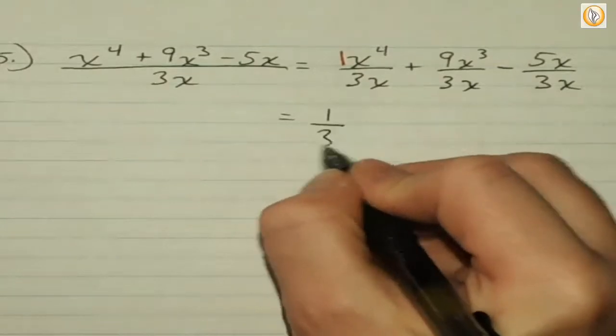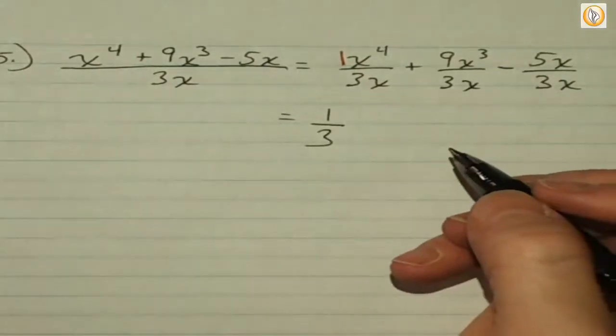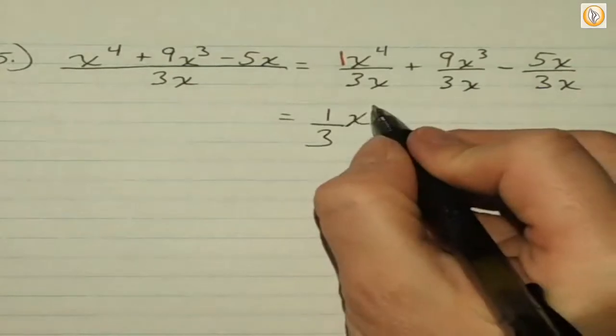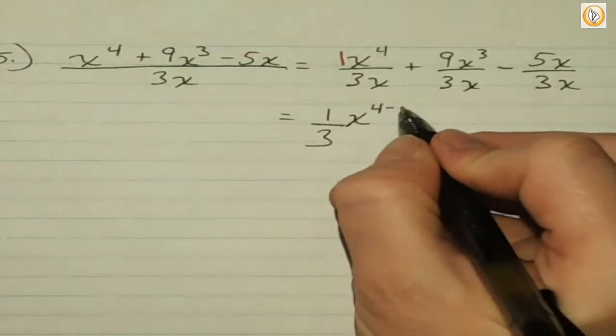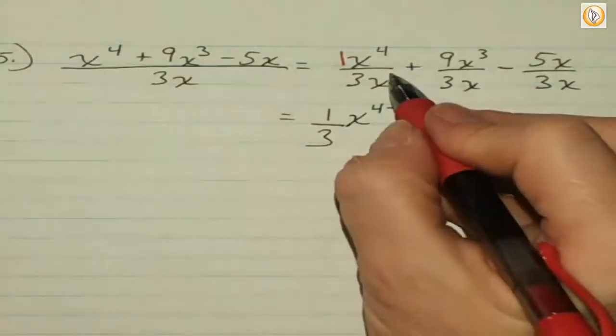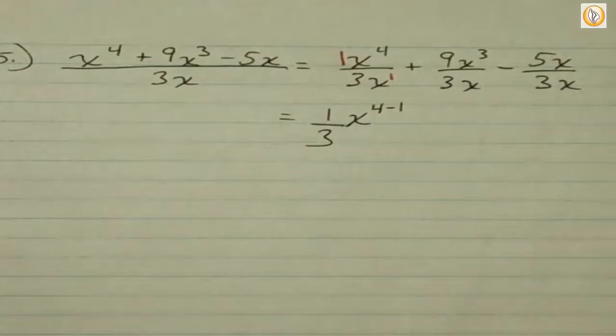So I have 1 over 3. And then it's x to the 4 minus 1, because there's a 1 here. Does everyone see that? If you don't, please raise your hand. Okay, good.